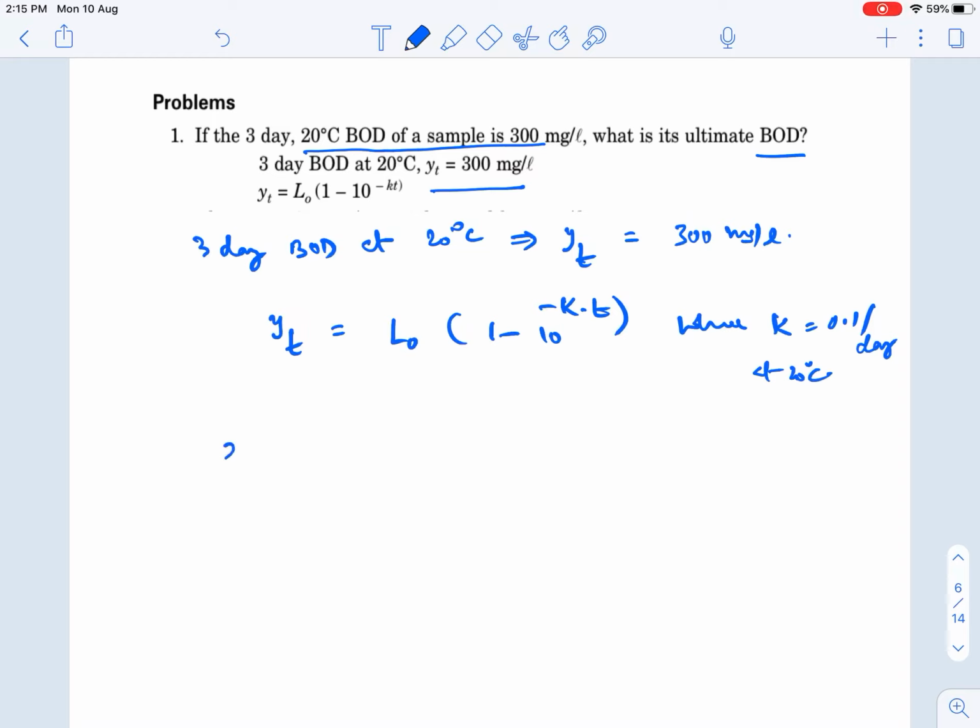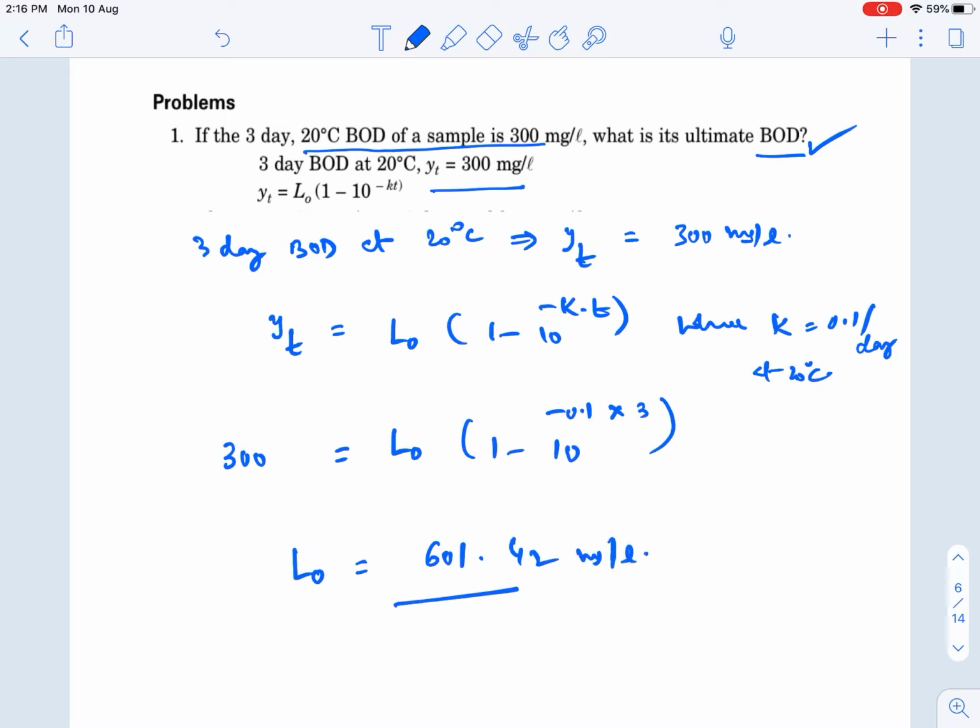So 300 milligrams per liter is equal to L0 into 1 minus 10 to the power of minus 0.1 into 3 days.